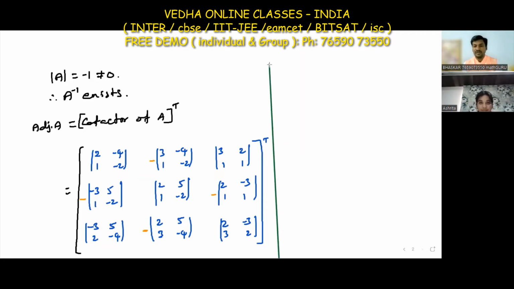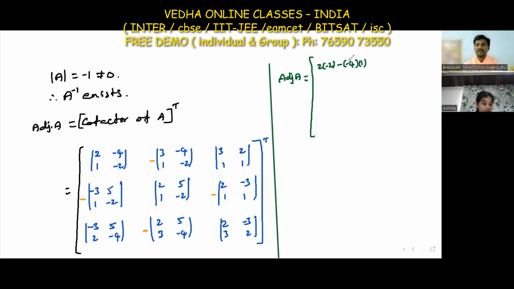Now we have to find the determinant values. Adjoint A is equals to 2 into minus 2 minus 4 into 1.